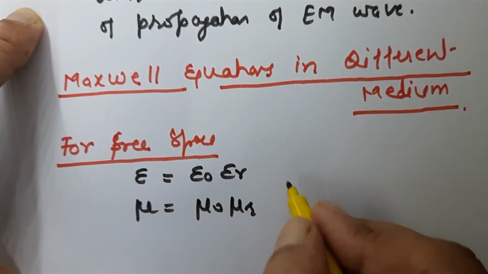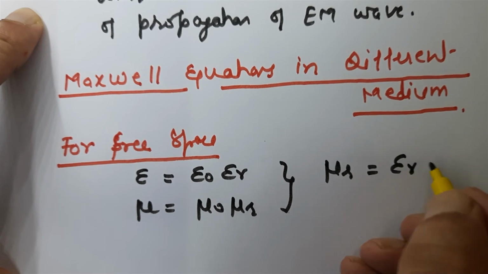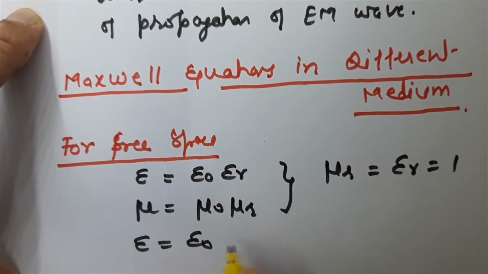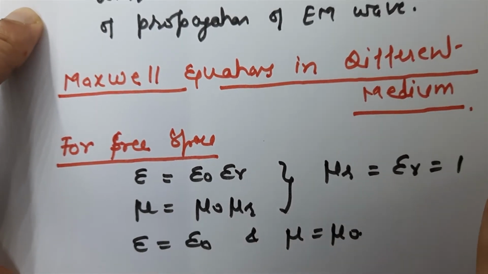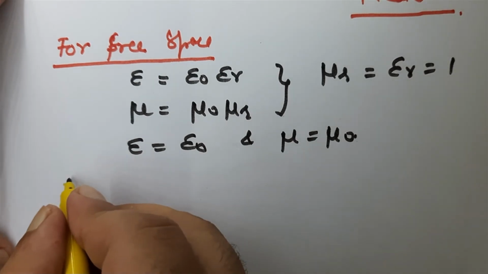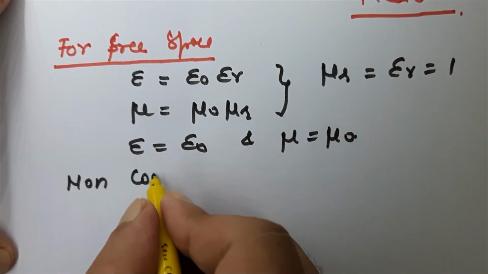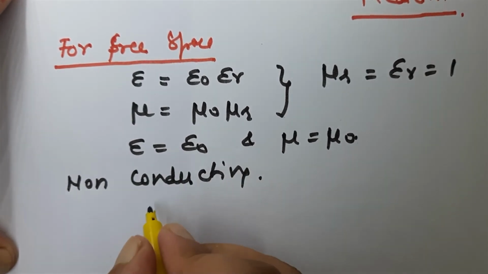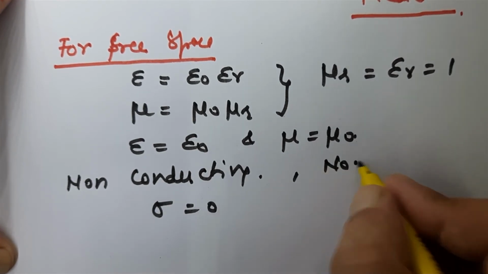For free space, mu r and epsilon r will be 1. So epsilon will be equal to epsilon 0 and mu will be equal to mu 0. Further, as I discussed in the previous class, free space is non-conducting. Non-conducting means sigma equals 0, and there is no free charge density.